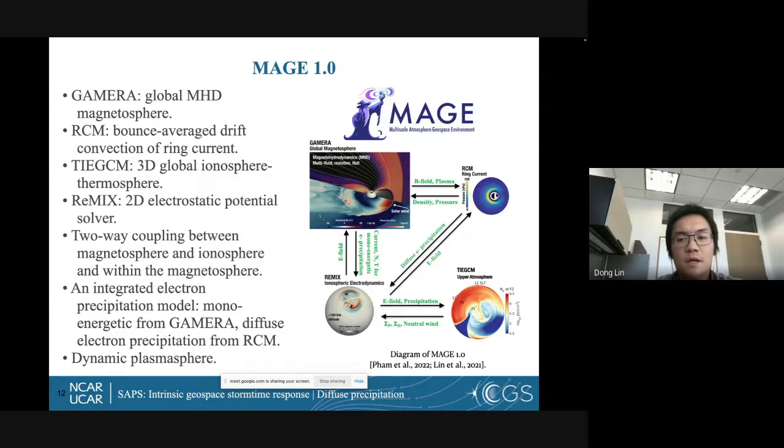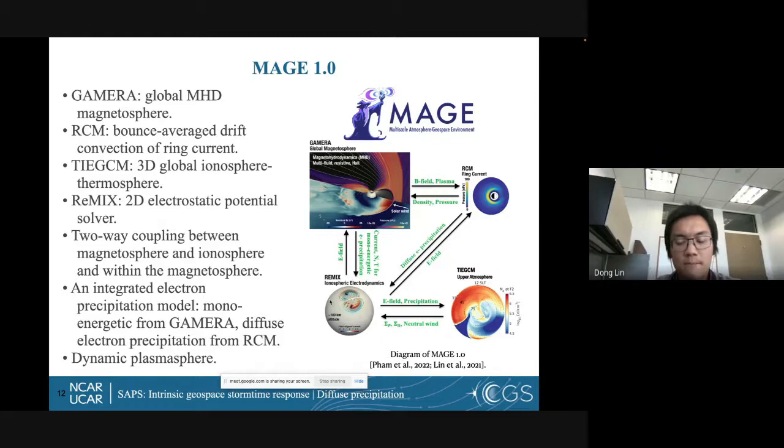This is because in the inner magnetosphere, MHD is no longer a good description of the plasma there. These magnetosphere models are coupled via this REMIX module, which is again two-way coupled with TIEGCM, a general circulation model developed here at NCAR. So all these different modules are two-way coupled with each other.